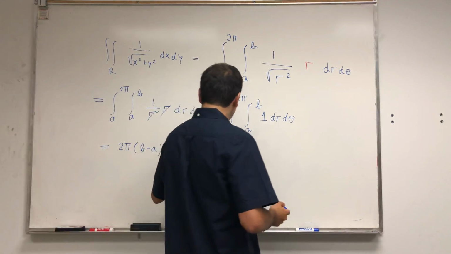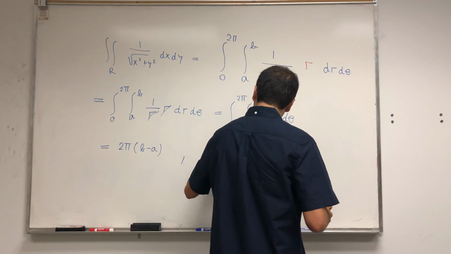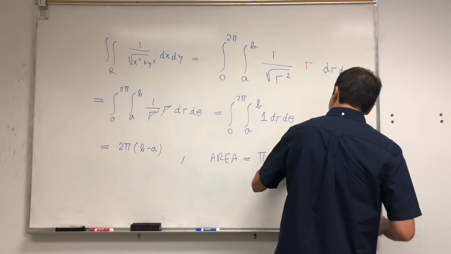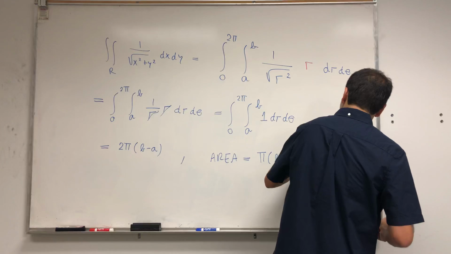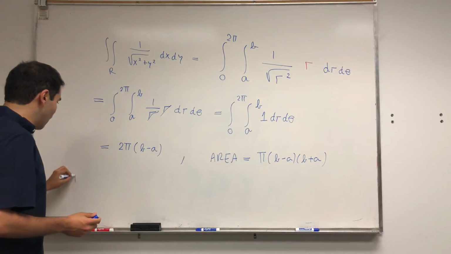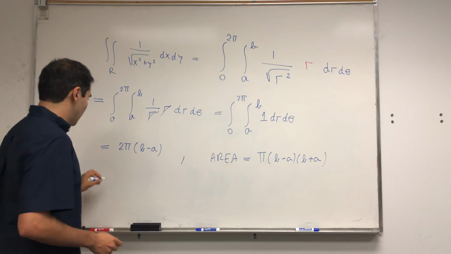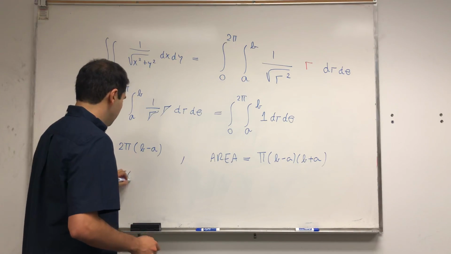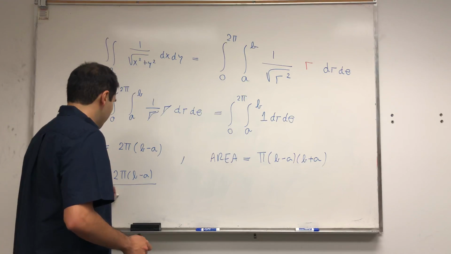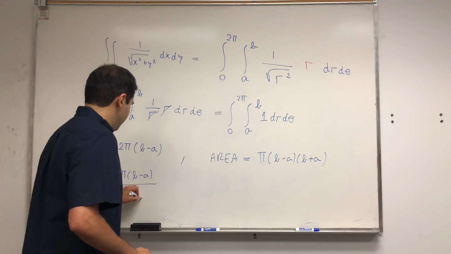And I'd like to remind you that the area of our region was pi times b minus a times b plus a. So our answer is just the quotient: 2 pi times b minus a over pi times b minus a times b plus a.